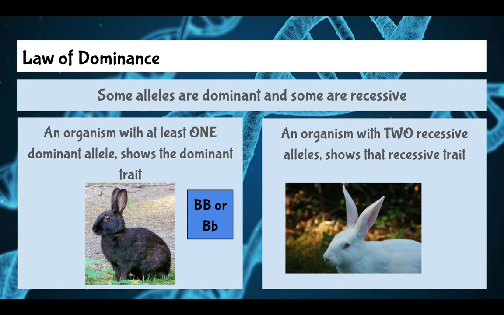So the bunny rabbit on the left shows the black fur trait, so he could be big B, big B, or big B, little b. But the bunny rabbit on the right doesn't show the dominant trait, so he's got to be little b, little b. He can't have any capital letters to show that trait.